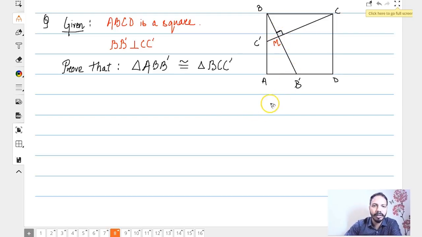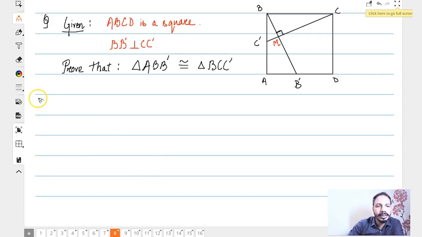That means this is 90 degrees. Now they're asking, prove that this triangle ABB dash and this triangle BCC dash are congruent, right? So let's do it.